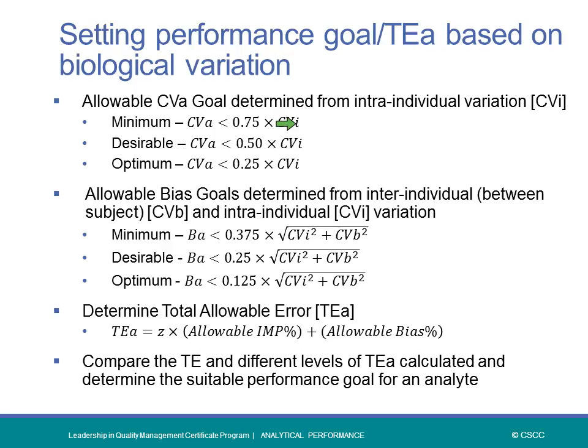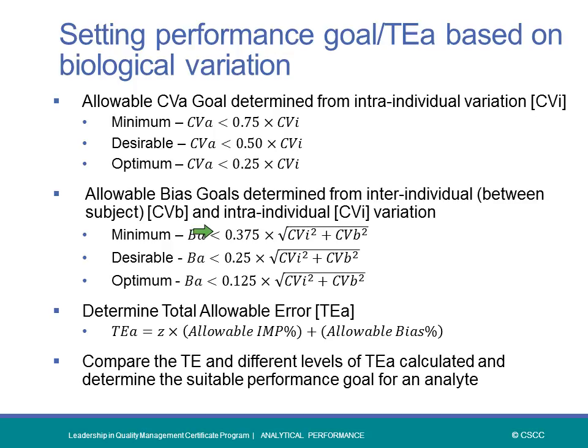Bias, likewise, is defined by the following equations, and again, different specifications are given by sources. Minimum, desirable, and optimal levels are defined. And of course, the compromise there, as a lower standard is accepted, we're accepting the possibility that a greater fraction of patients will be beyond diagnostic cutoffs inappropriately or outside of reference ranges inappropriately during operation of the system.